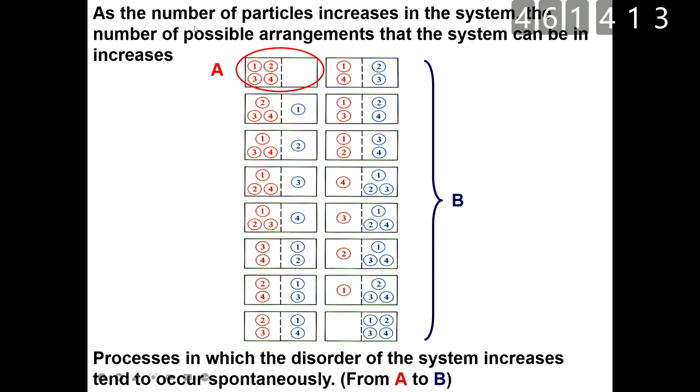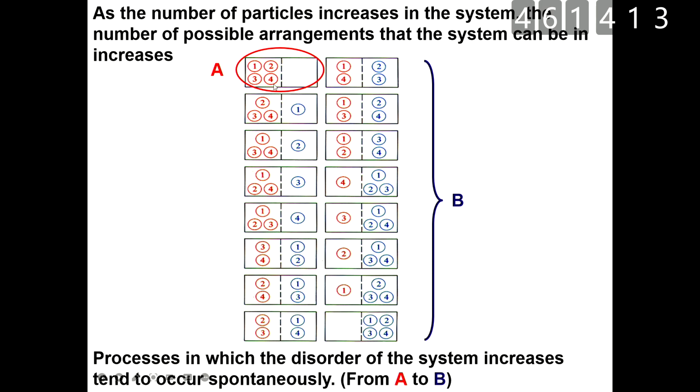So as the number of particles in a system increases, the number of possible arrangements of the system increases. And the process in which the disorder of the system increases tends to occur spontaneously.